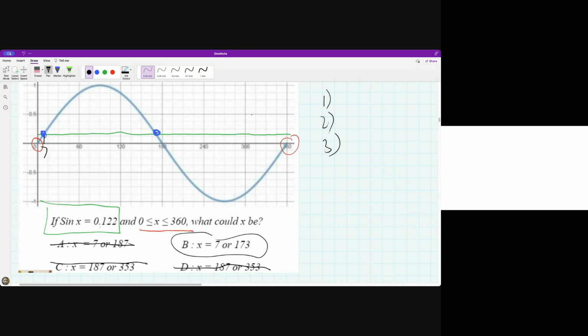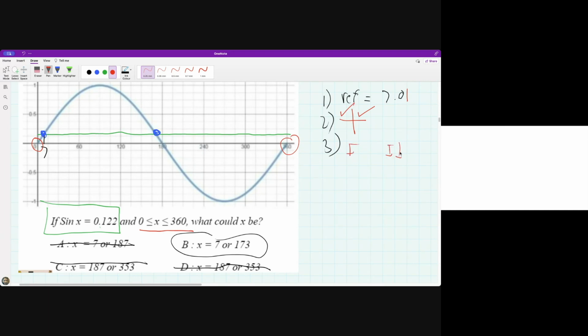If we were solving this equation using our algebraic method, we would find the reference angle. And if I go shift sine 0.122, I get a reference angle of 7.00, or 0.1 if I was actually, but that's fine. Now, in what quadrants is sine positive? It's positive in quadrant 1 and 2.